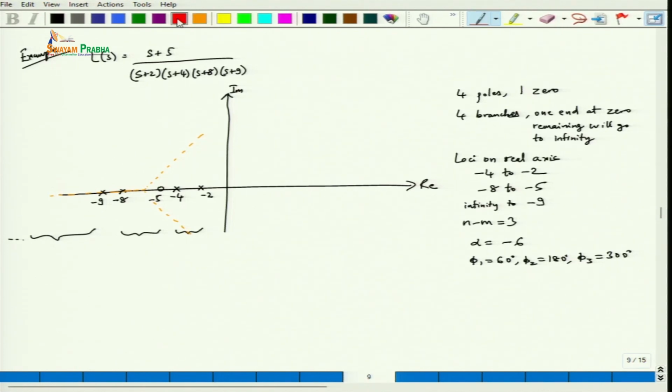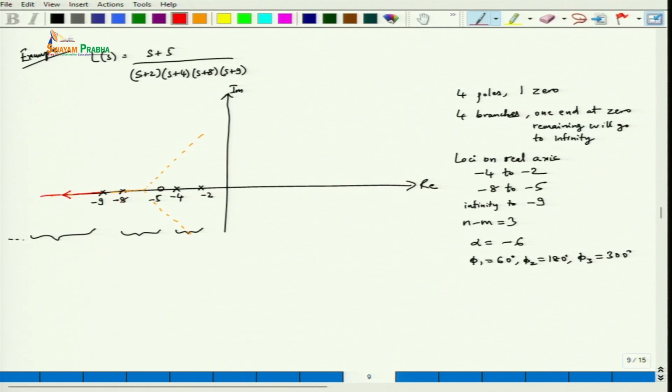So now let us start. If we look at -9, our first root loci starting from the pole at -9 will go to infinity along 180 degrees.